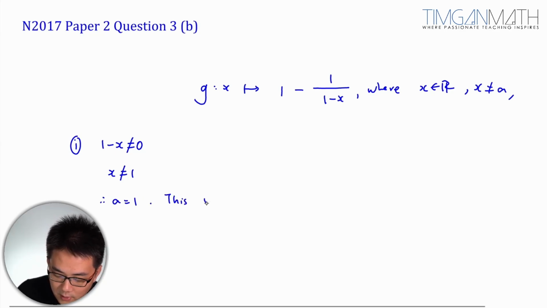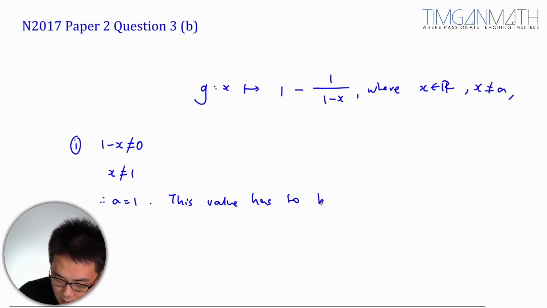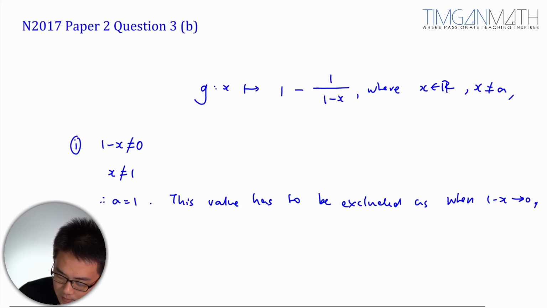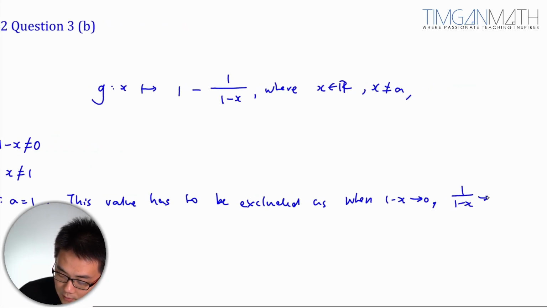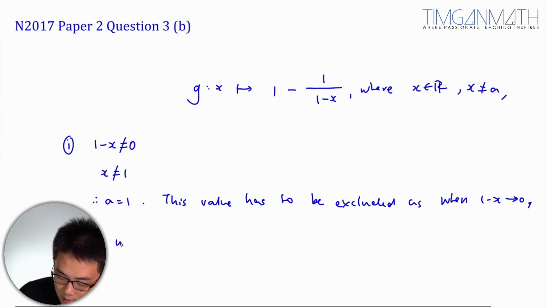This value has to be excluded because, as 1 minus x goes to 0, 1 over (1 minus x) will tend to infinity, which will result in g(x) being undefined.